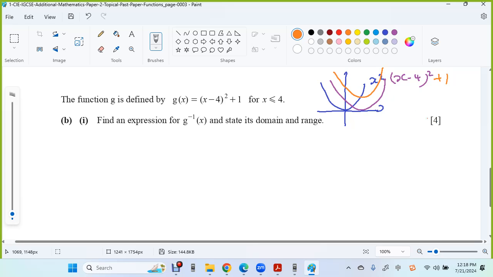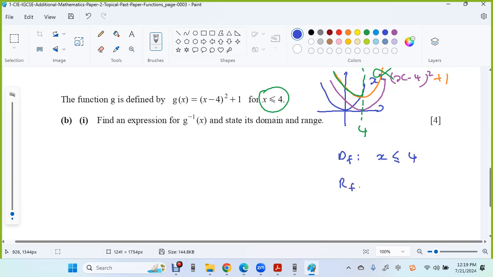And the x is less than or equal to 4. So we have 4 here. So we want the less than or equal. So will be this part only. So this one we don't want. Okay. So we know that the domain of g is actually x less than or equal to 4.